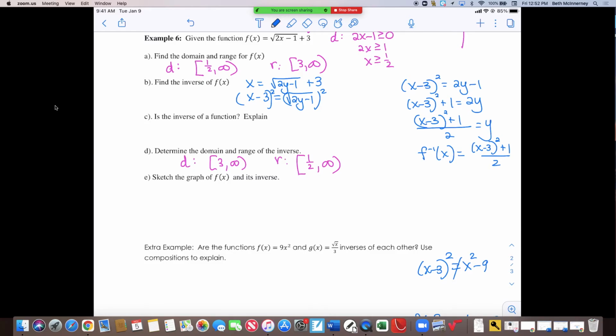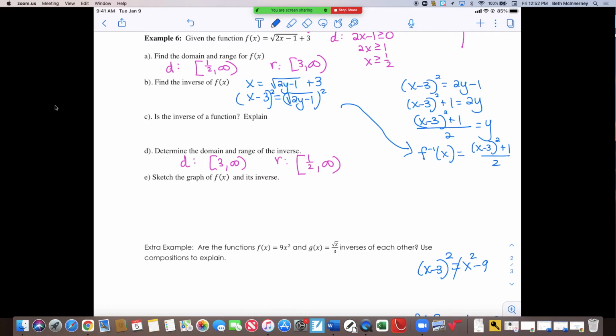Well, let me back it up because I'm not all the way done with finding my inverse. Do you see, and this is why I wanted us to do part B first, that the domain is not all real numbers? On this one by itself it would be all real numbers, but because I have a square root, and that square root represents a parabola on its side, I only have the top half of it.